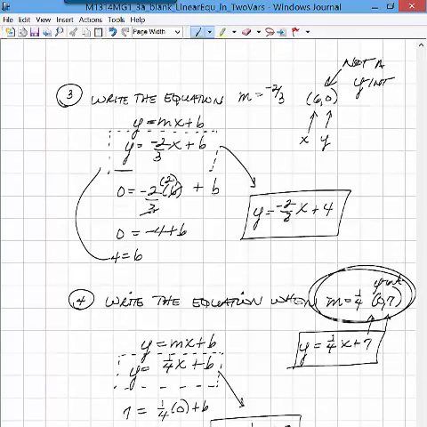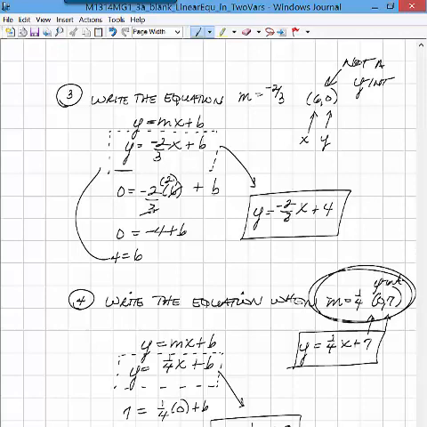On this one, y equals mx plus b becomes y equals 0x plus b. Now that's a little strange, but I'm going to leave it alone for a minute. I'm going to plug in the 7 and the 12 for the x and the y. So 12 equals 0 times 7 plus b, or 12 equals b.